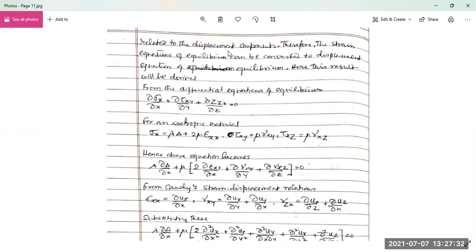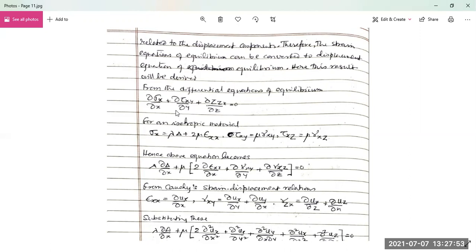From the differential equation of equilibrium, we know that the differentiation of sigma x with respect to x, the differentiation of tau xy with respect to y, and tau zx with respect to z is equal to 0.